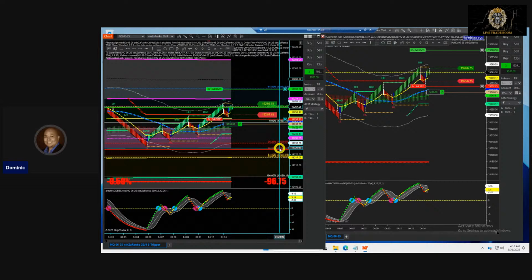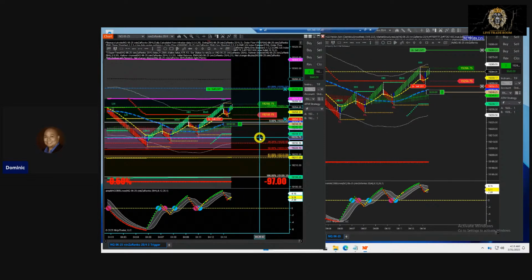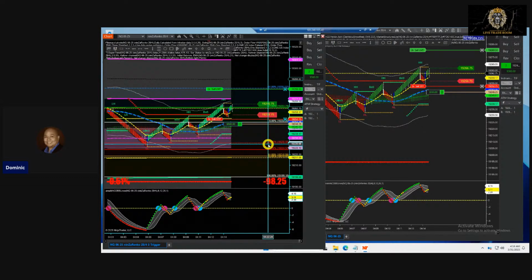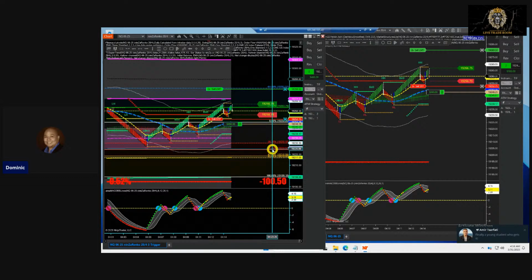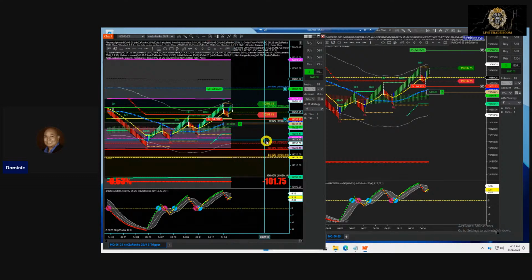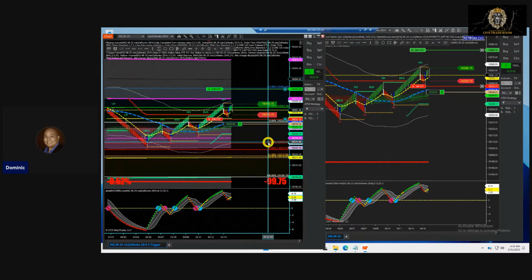Let's see if they break that structure right here. Very hesitant to break this. Not a lot of buyers coming in.